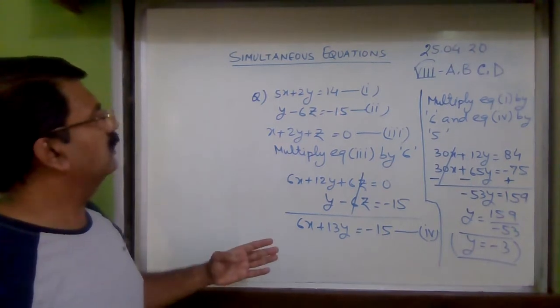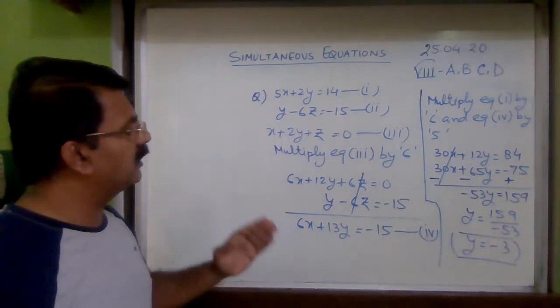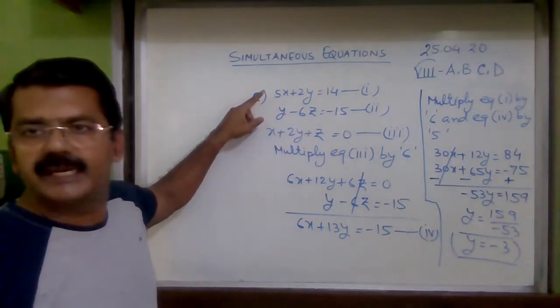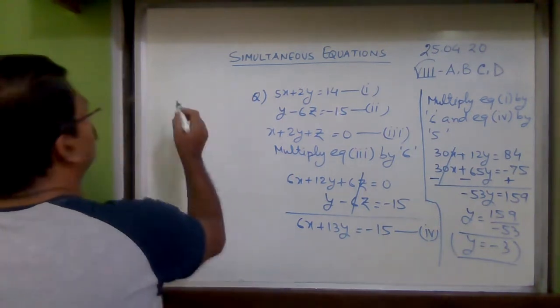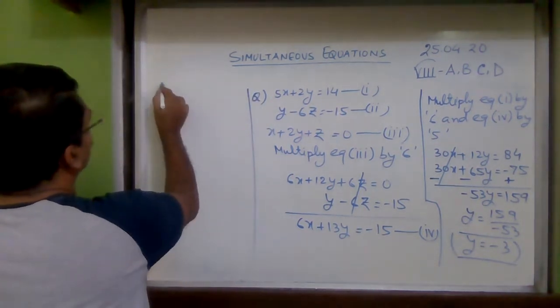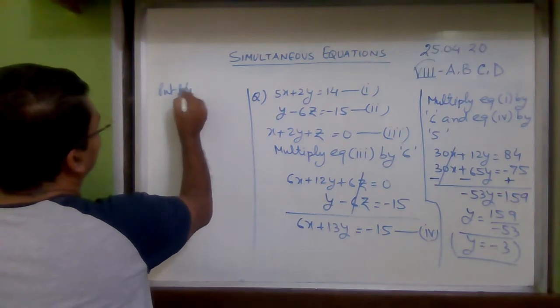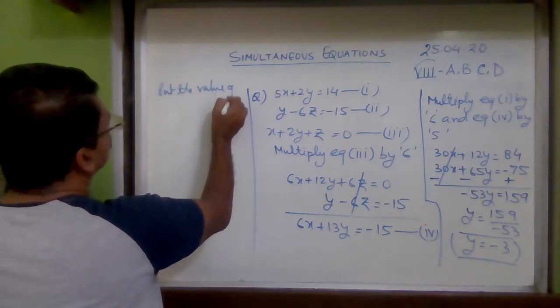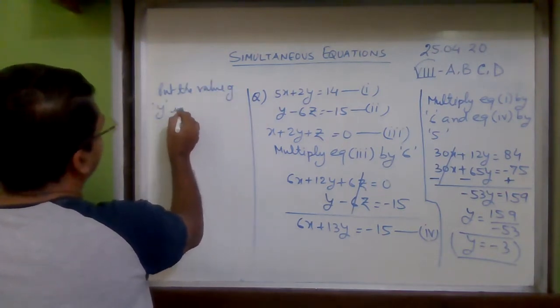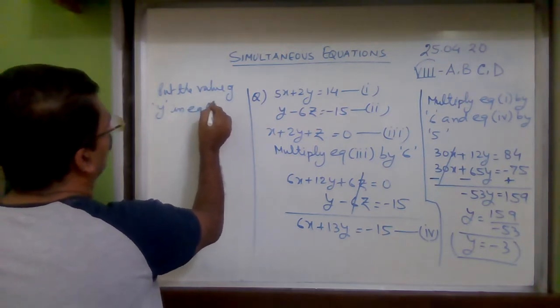Okay. Now, if we put this value of y in equation number 1, directly we can get the value of x. So put the value of y in equation 1.